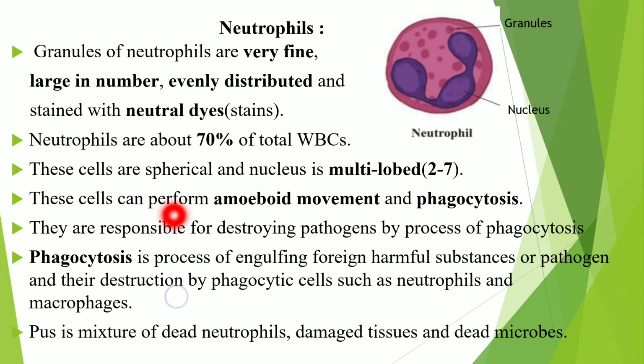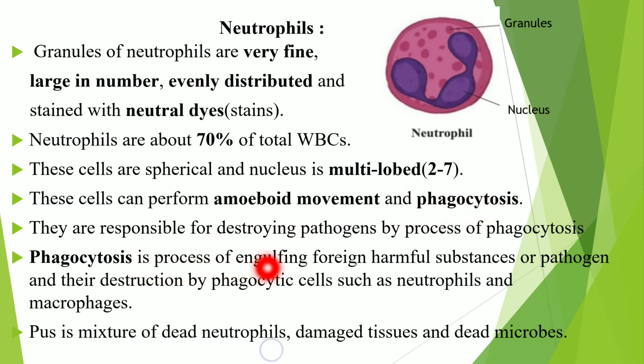So these cells can perform the amoeboid movement, means they comes out of the blood capillaries and they come inside the blood capillaries, which we call as a amoeboid movement or diapedesis. Then it also perform phagocytosis. So what is the phagocytosis?